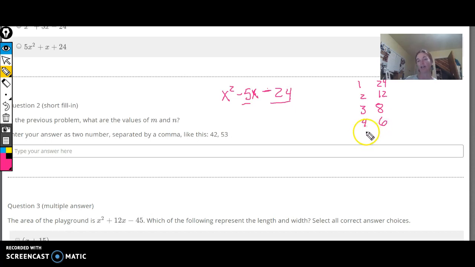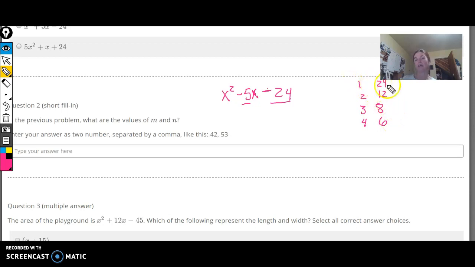And if I go higher than that, I just end up with 6 and 4, 8 and 3, okay? Now, all of these together make 24. If I were to add any combination of positive and negative numbers here, can I make 5?